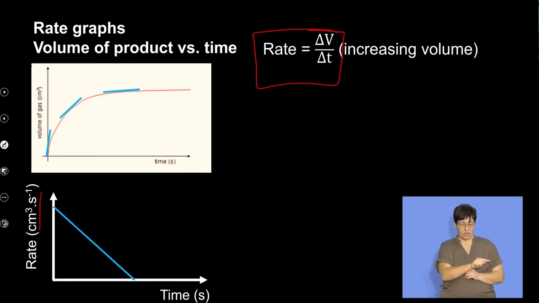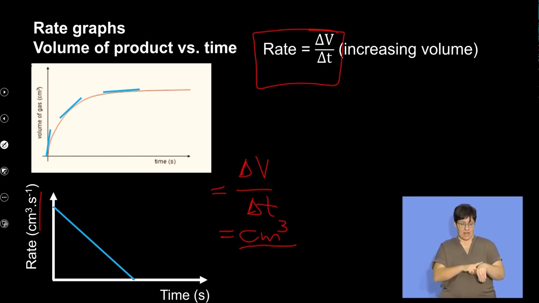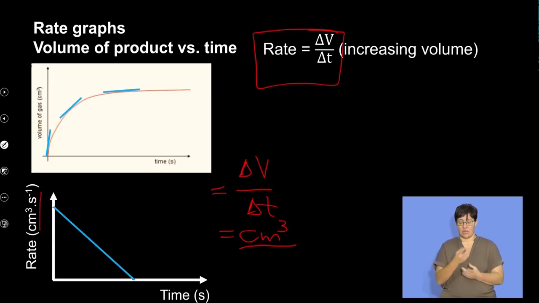Just look at the unit of the rate there, because we were working with delta V over delta T. We were actually working with centimeters cubed over time, which is seconds, and our unit here will be centimeters cubed per second.